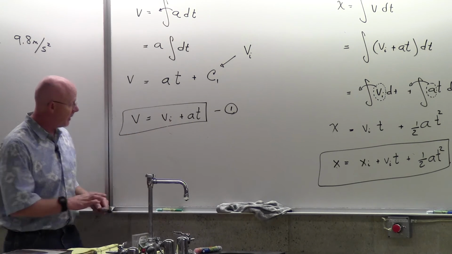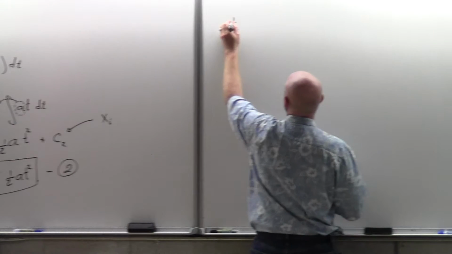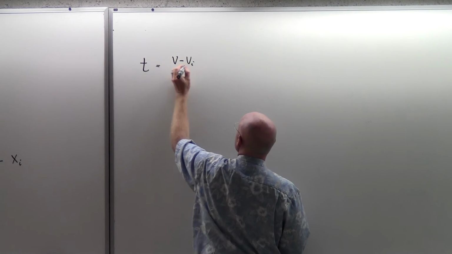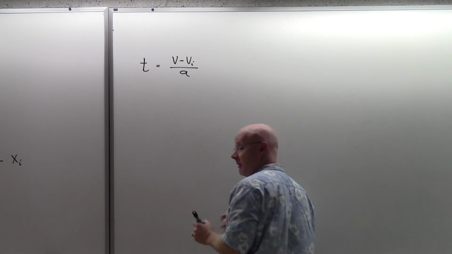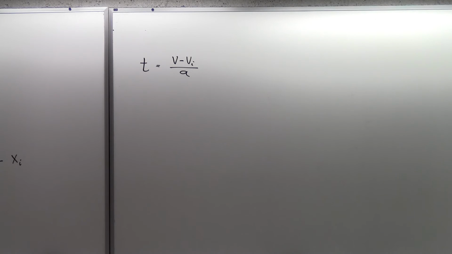So this first step I would solve for time. I'd come over here and say, time is velocity minus initial velocity over acceleration. Right? That's what I would get for equation 1.